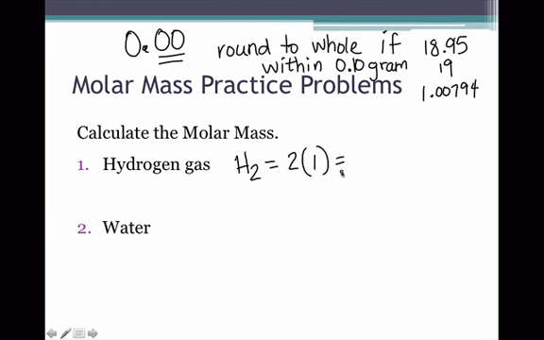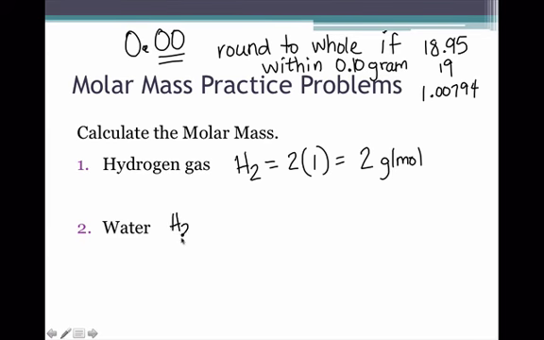These take a little practice. If in doubt, don't round to the whole. Keep 2 decimal places and go with that. If you round too much, or when it's not the correct time to round, you'll end up with the wrong number. So hydrogen would be 2 hydrogens with each of them having a mass of 1. So the molar mass would be 2, and I would use grams per mole as my unit. There's 2 grams in 1 mole of hydrogen gas.